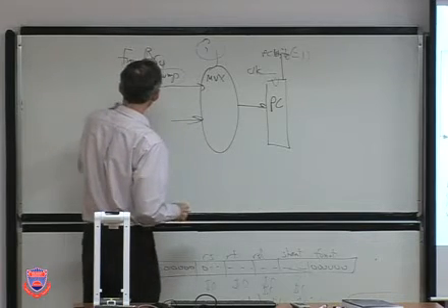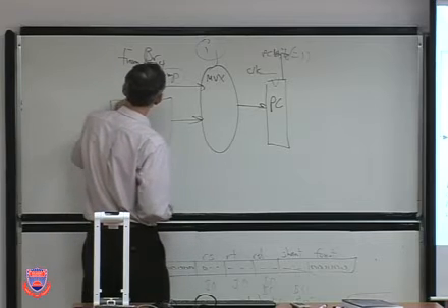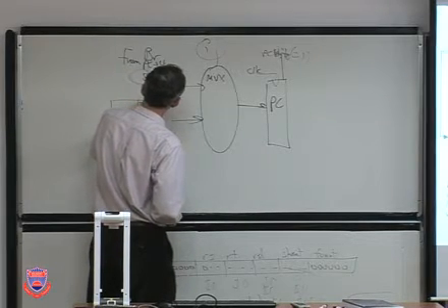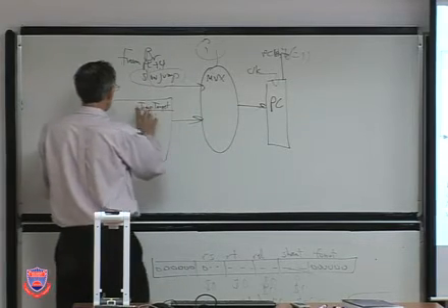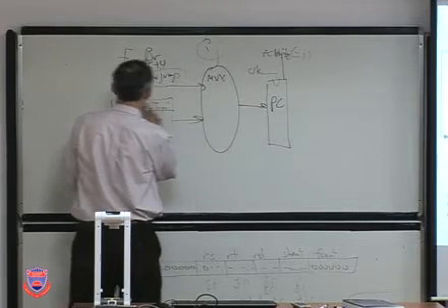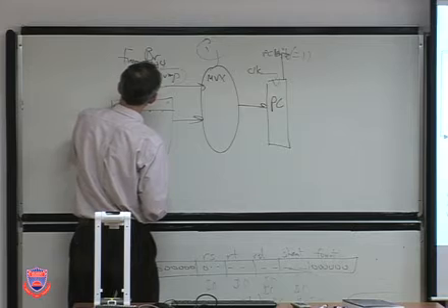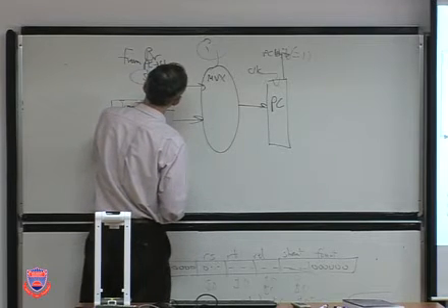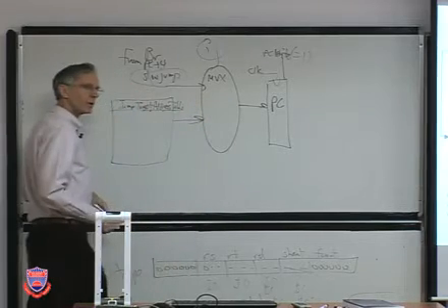Okay. Let's imagine that it's something like this. Jump target address. In fact, I want to make it like this. Jump target address table. Okay?